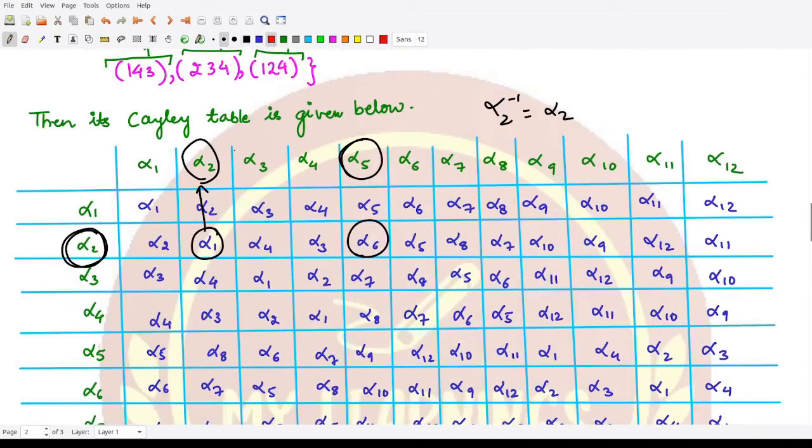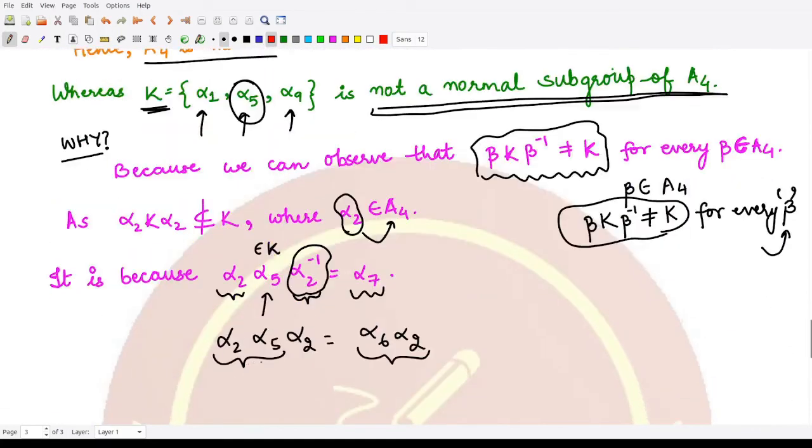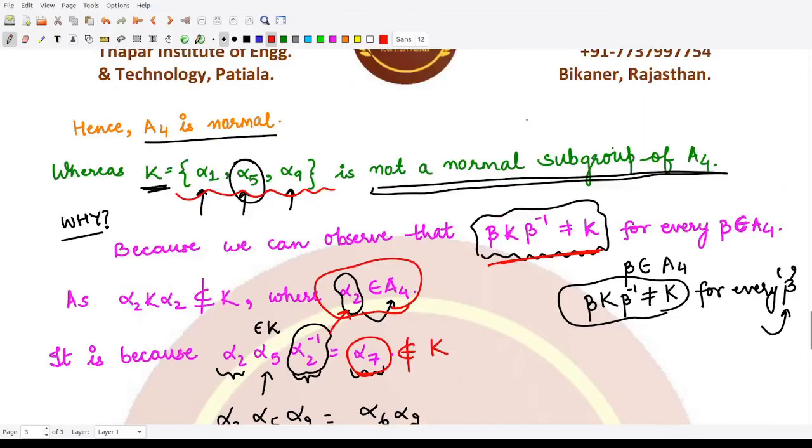Alpha 6 is here, alpha 2 is here, so we have alpha 7 as the answer, which is what I have written here. But we do not have this alpha 7 present in our subgroup K. Hence, this does not belong to K when we take the element alpha 2 from A4. Therefore, this condition is not true for every beta. Hence, this does not form a normal subgroup.